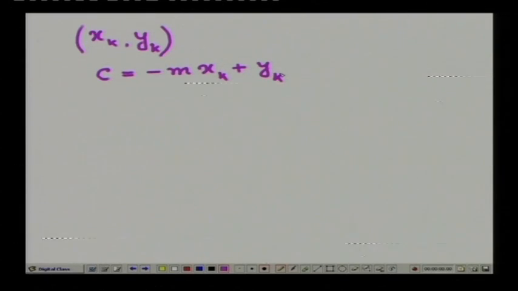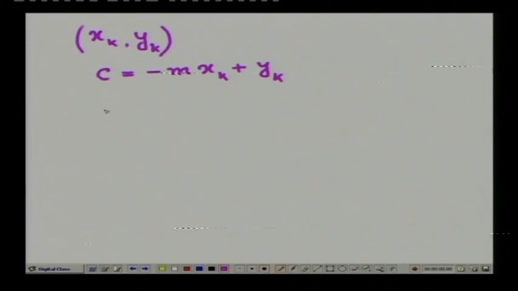Now, in our case, the values of M and C are not continuous, but discrete, and as we have said, an ij-th accumulator cell corresponds to the parameter values M_i and C_j.